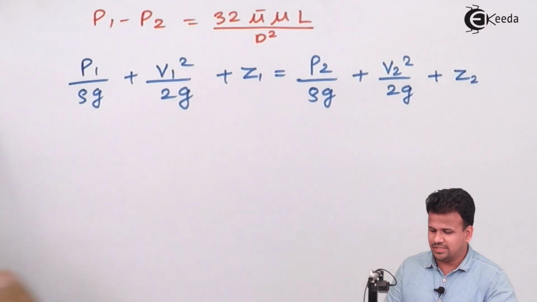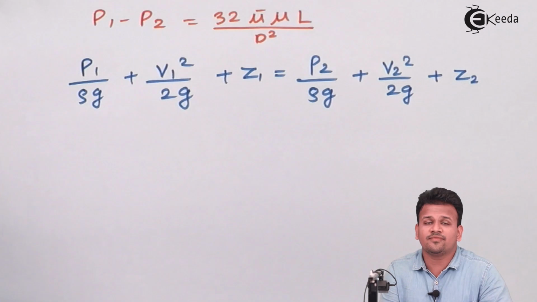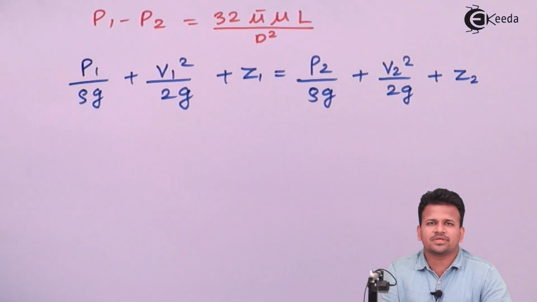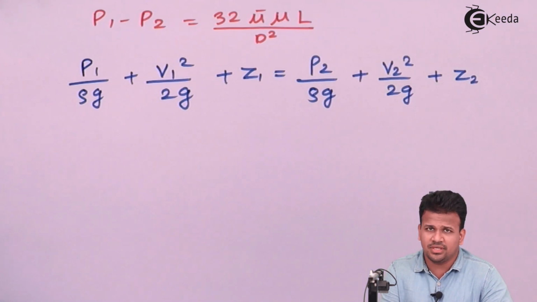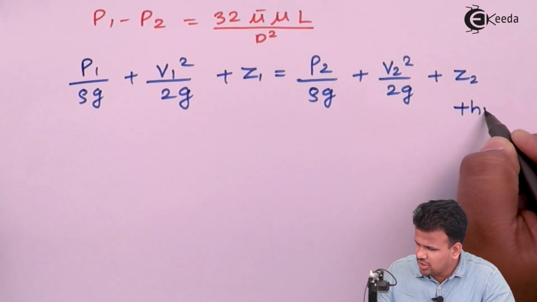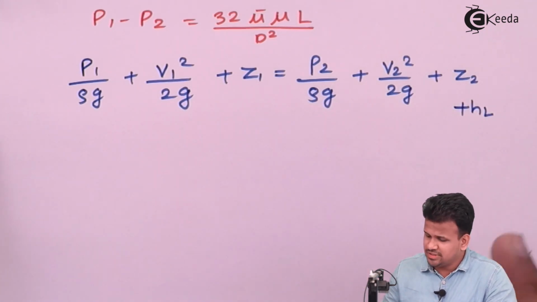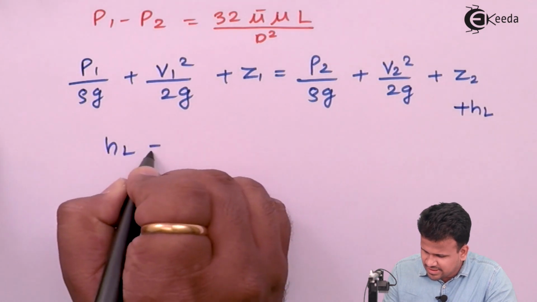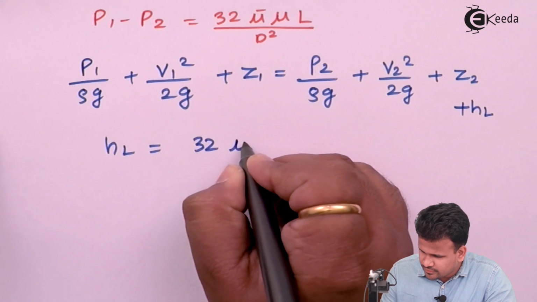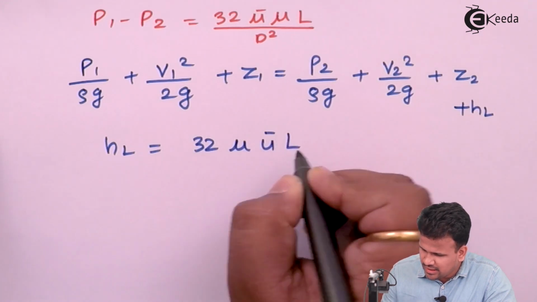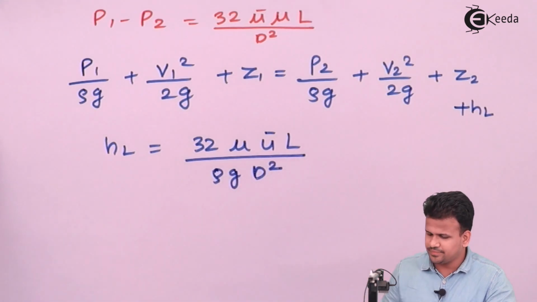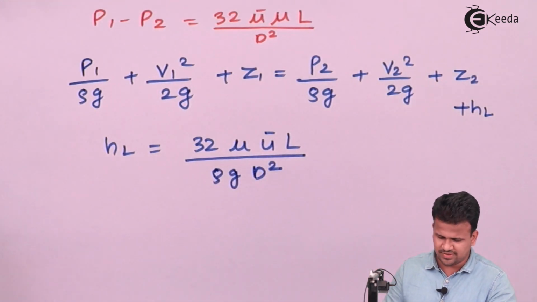Now, this was an equation for an ideal fluid whose viscosity is 0. But since we are learning laminar flow, it has some viscosity, that is a real fluid. Here, you will have some head loss, HL. This head loss which we have studied is given as 32 mu u bar L upon rho g into D square.